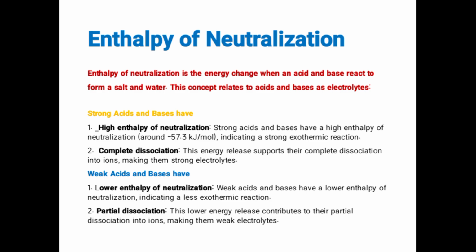Because of this high enthalpy of neutralization, we have the H plus from the acid and OH minus from the base combining to form H2O. Only strong acids and strong bases can give this enthalpy of neutralization.